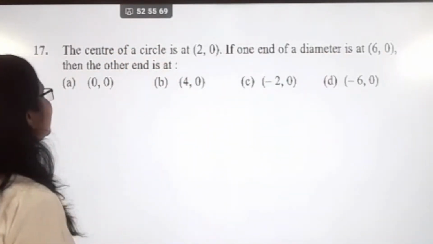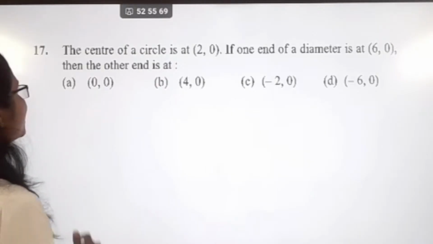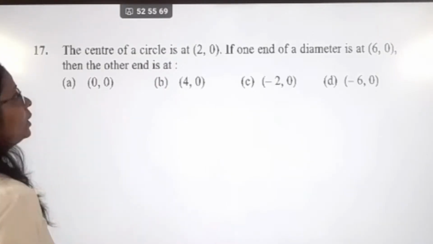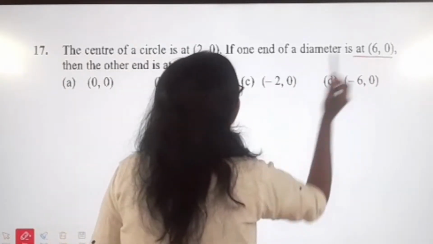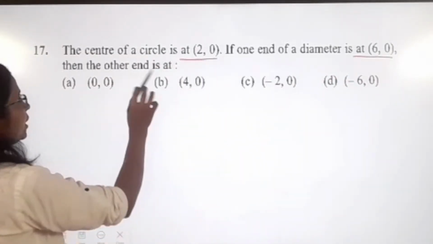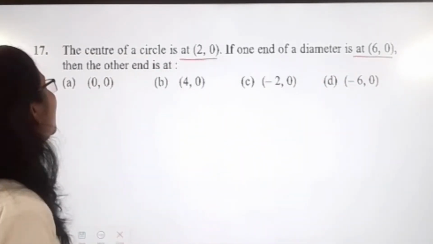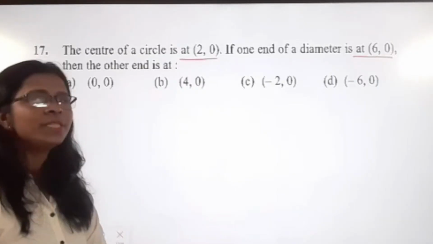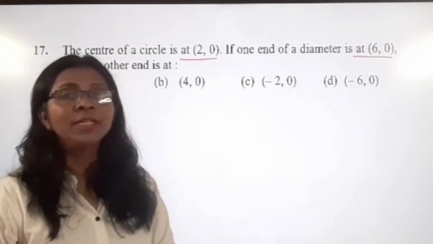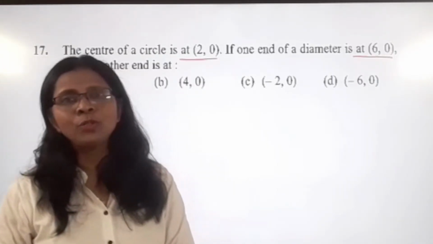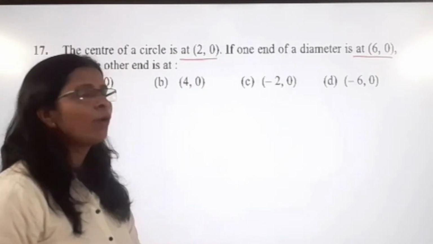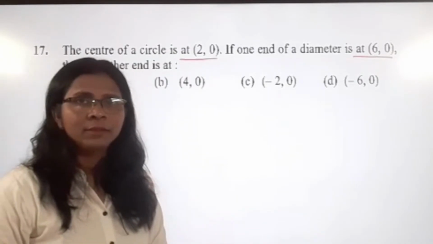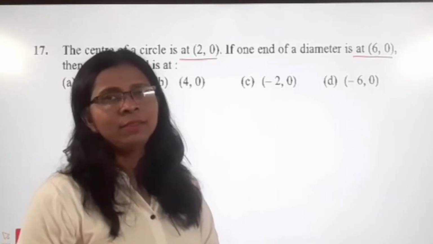Next example: the center of a circle is at 2, 0. If one end of a diameter is at 6, 0, then the other end is at... Okay. Now every time, students, if you don't get the answer, then you should draw the figure, and then you can check how we can calculate the answer.